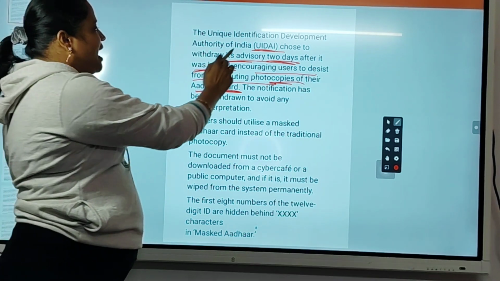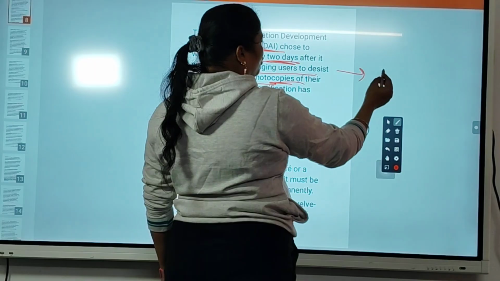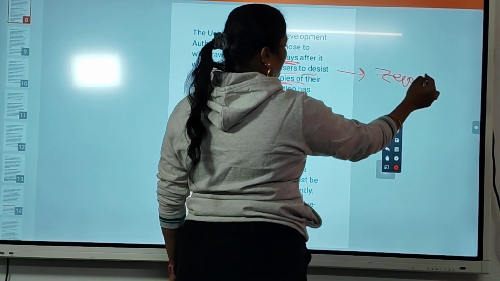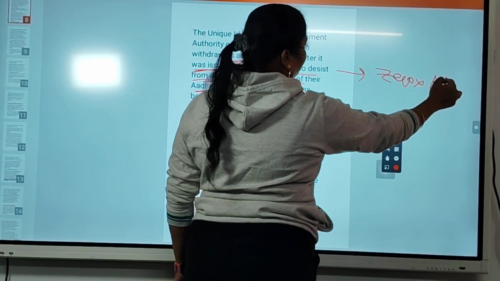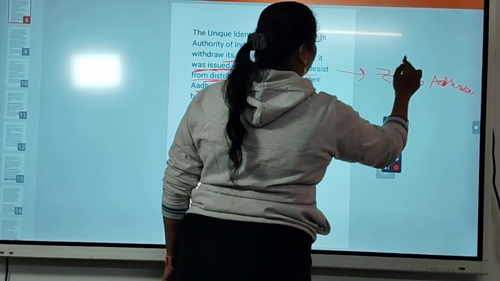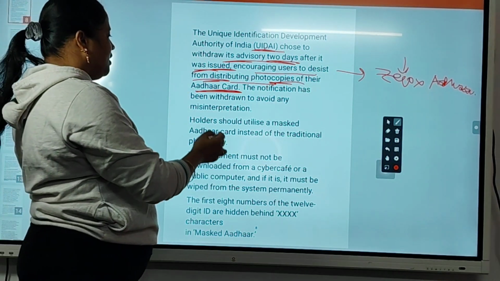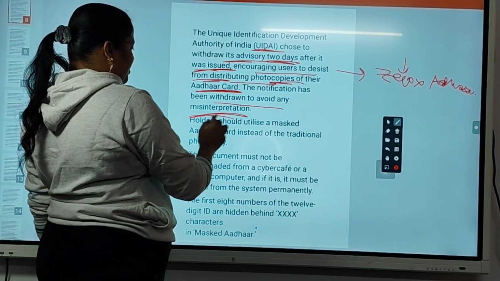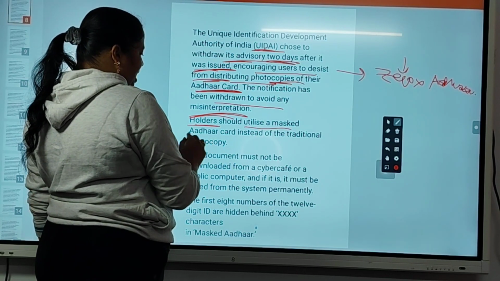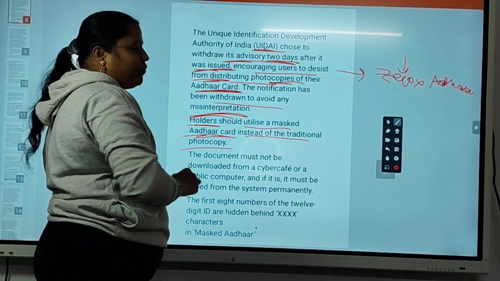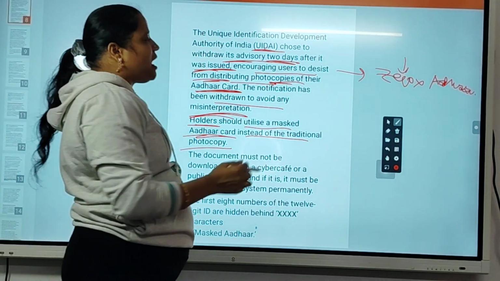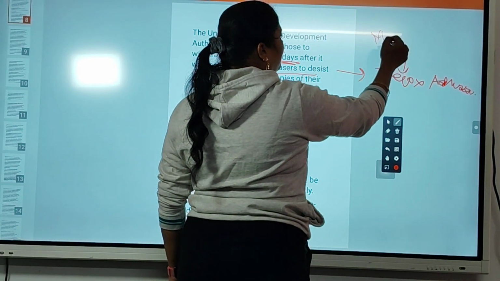So the UIDAI restricts a user from giving a Xerox copy of Aadhaar everywhere. It is not allowed to give a Xerox copy of Aadhaar everywhere because it is not a safe thing. Okay, to avoid any misinterpretation, holders should utilize a masked Aadhaar card instead of a traditional photocopy. Instead of a Xerox copy, they must use a masked Aadhaar.